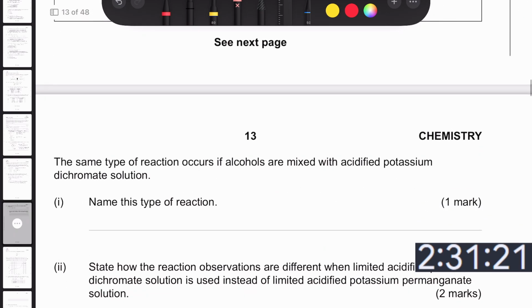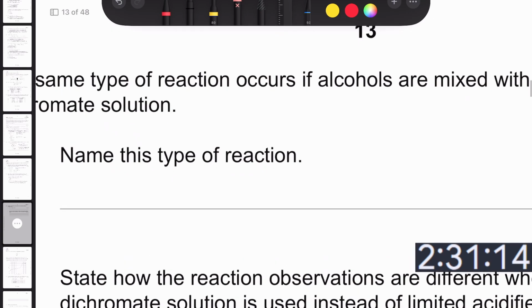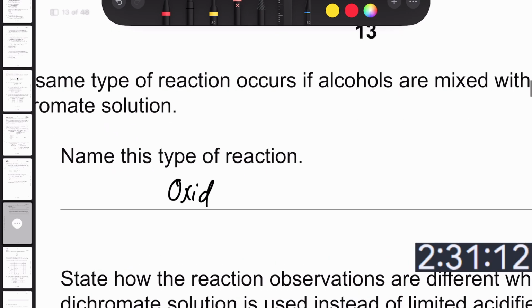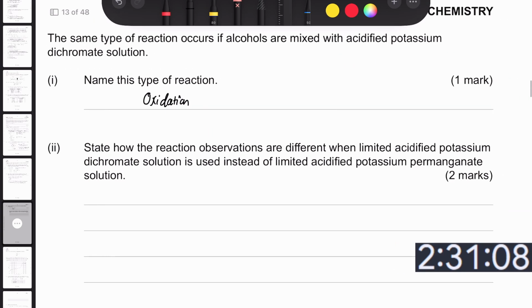Okay, moving on. The same type of reaction occurs with alcohols mixed with acidified potassium dichromate solution. So this is an oxidation. State how the reaction observations are different when acidified potassium dichromate is used instead of acidified potassium permanganate.